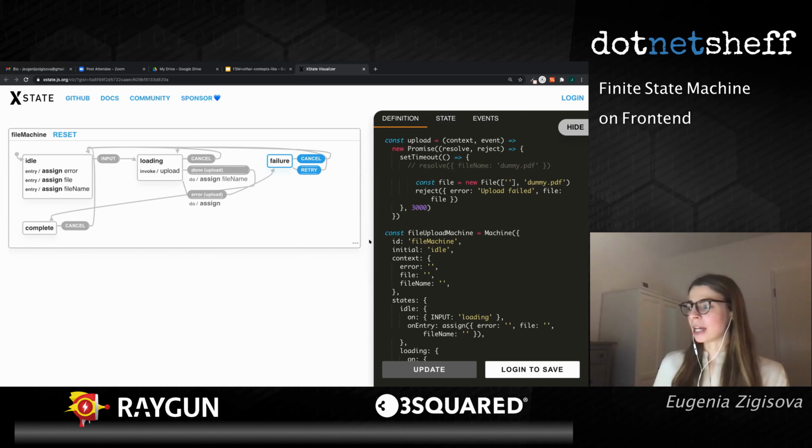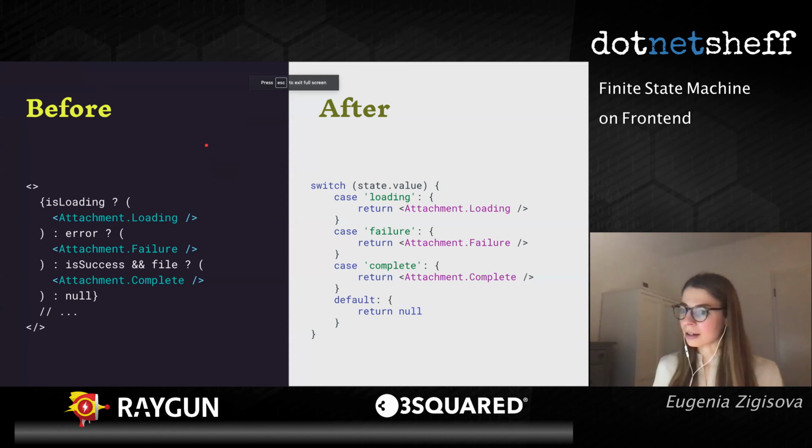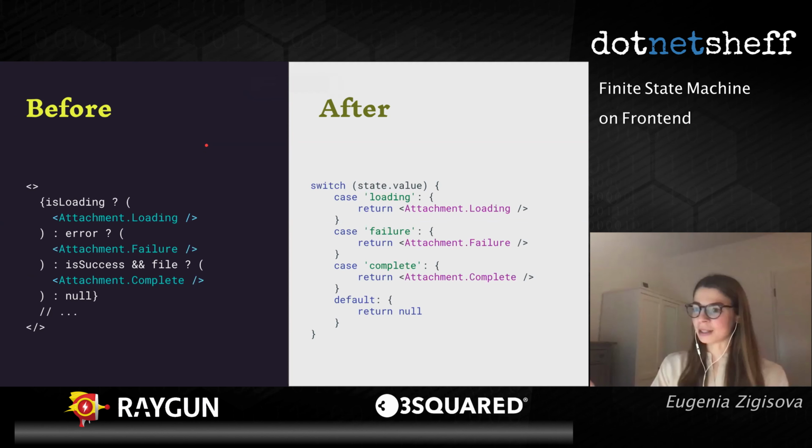And by creating such a state machine definition, we're moving the entire application logic to the state machine. So our UI component is responsible just for rendering the view, which it is supposed to be responsible for. And to see the benefits, I prepared a comparison before and after. So at the very beginning, I was relying on different states like is loading, error, is success.